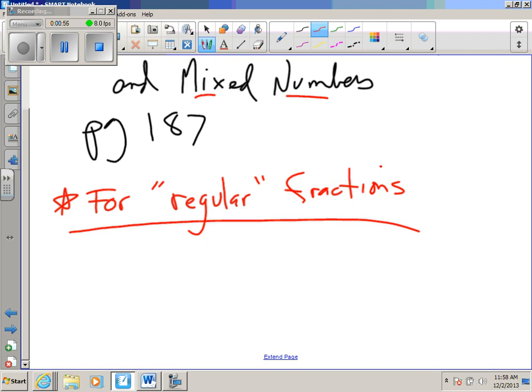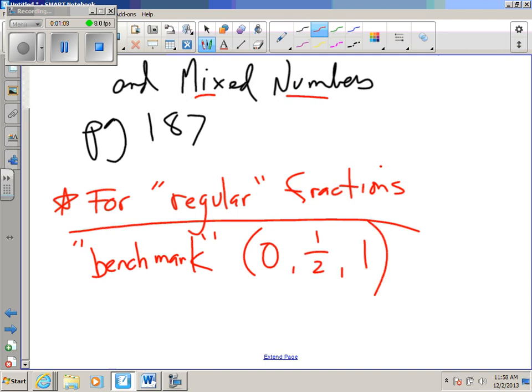For regular fractions, I'm going to use what's called a benchmark. And the benchmarks are going to be 0, half, or whole. I'll get a regular fraction, and I'll determine what that fraction is closest to. Does it have a value closer to 0, half, or 1 whole? Okay, and I'll use those benchmarks to help determine that.